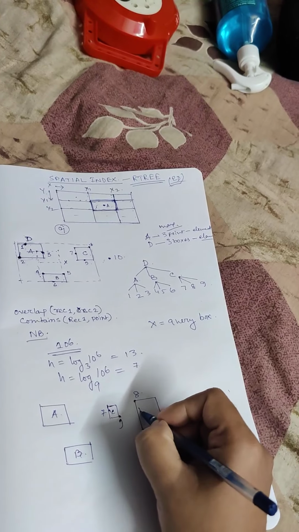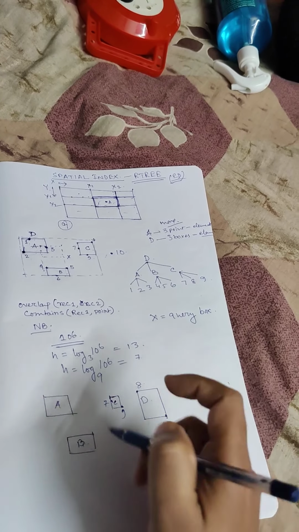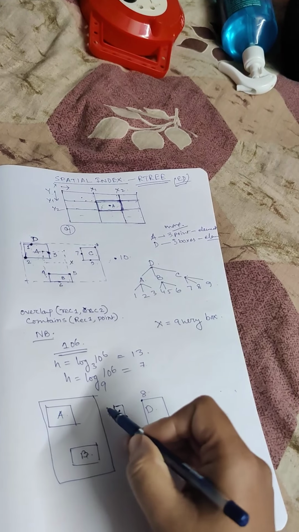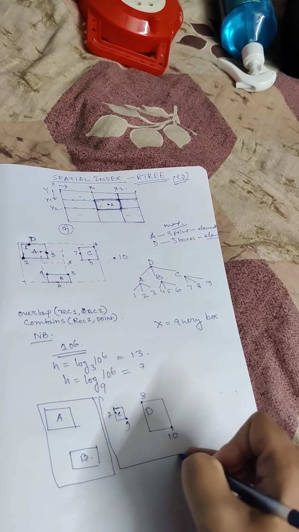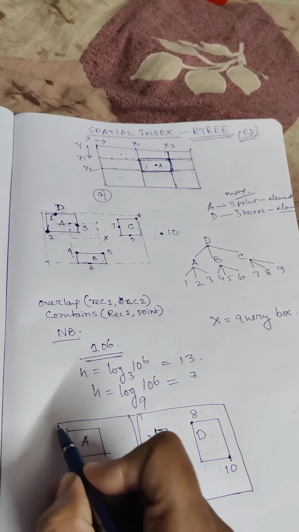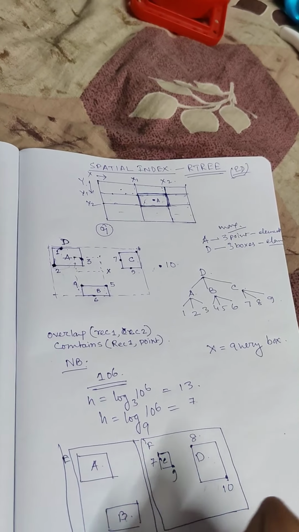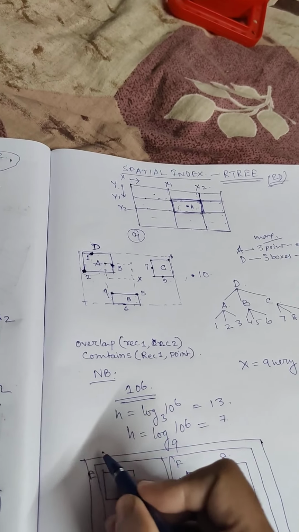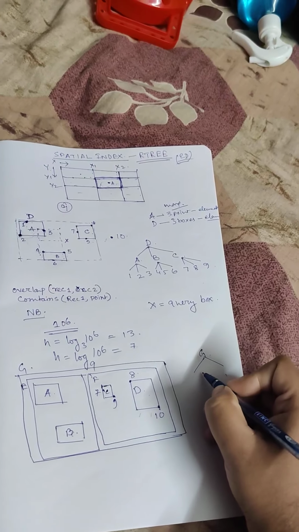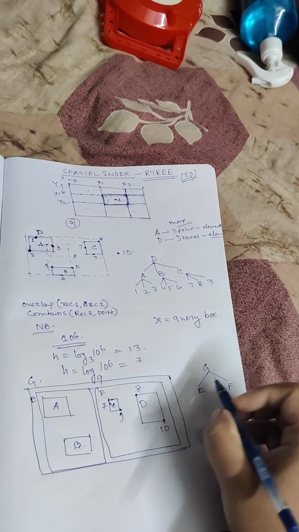So A, B, C, D, and we said we are not keeping more than 3. So we can go with A and B as children of a box, E, and another box with C and D, which is F, and another box on top of these, which is G. Our modified tree would have G as the parent node, then E and F in the same layer.